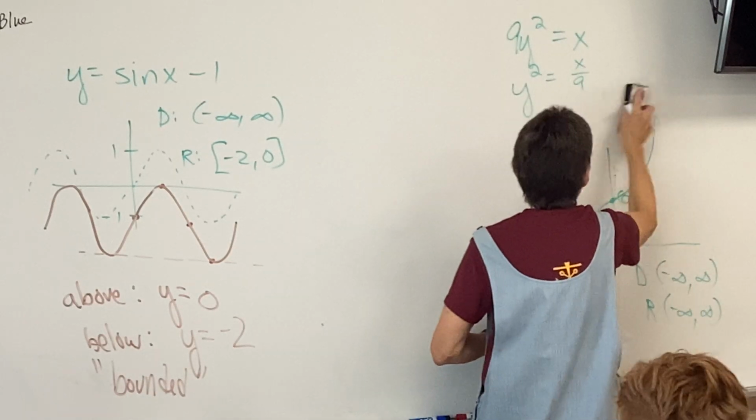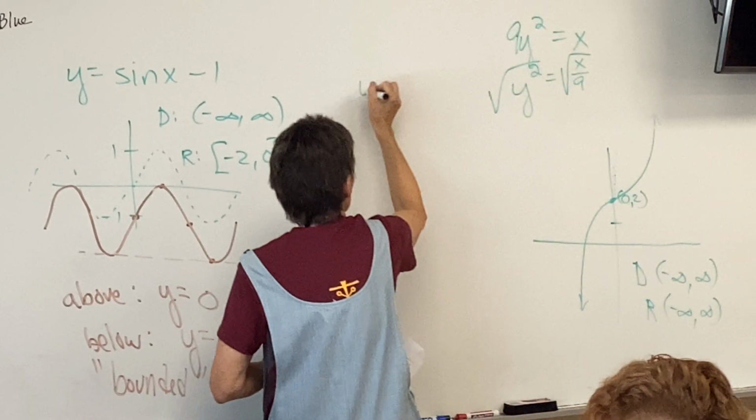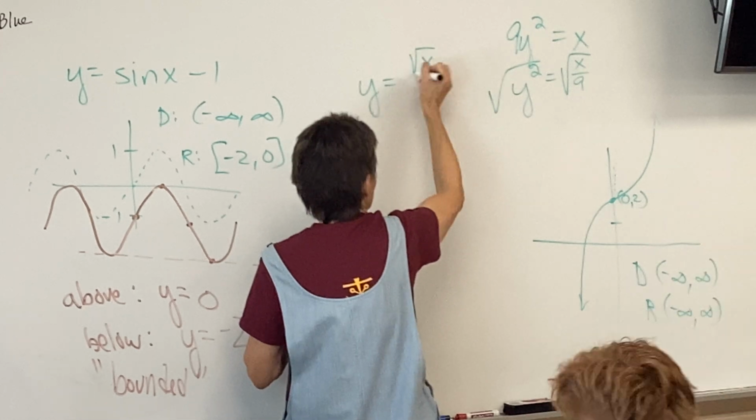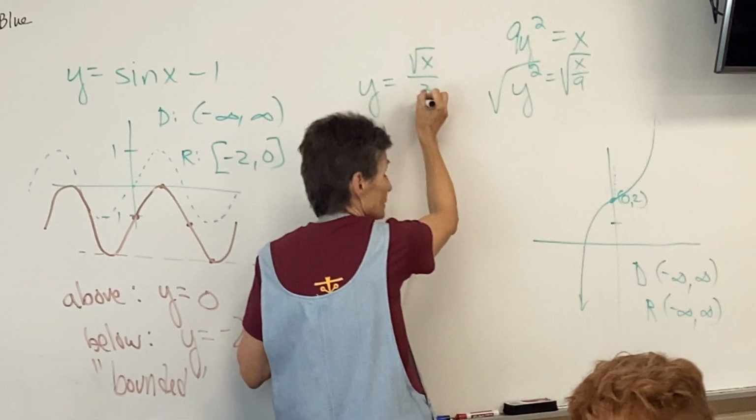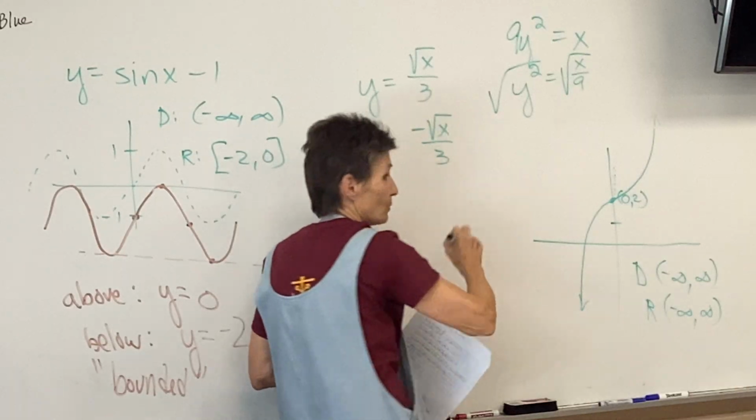So your implicit functions are root x over 3 and negative root x over 3.